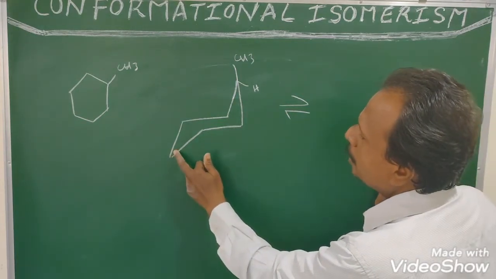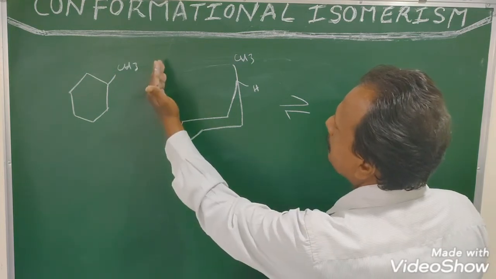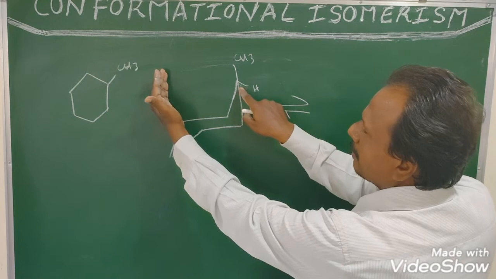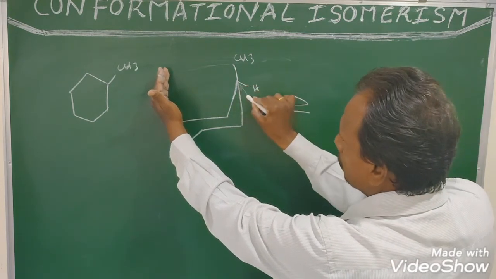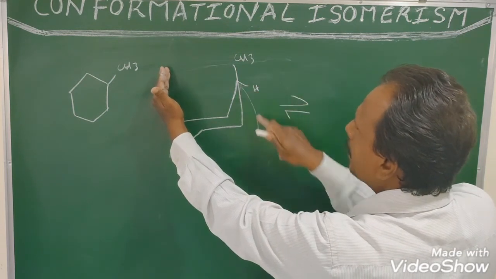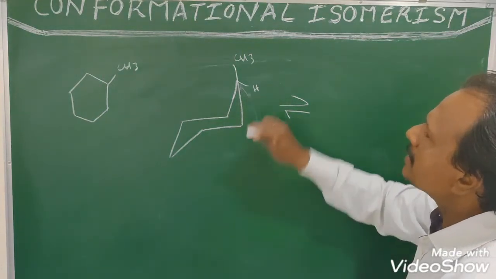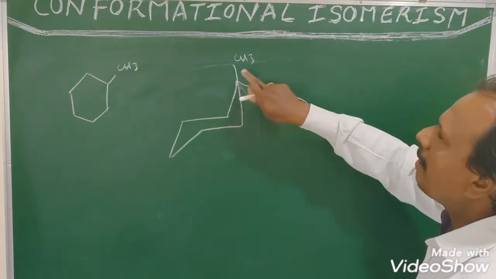The footrest moves upward and becomes a boat. Then the headrest moves in this direction. The headrest is converted to the footrest. In this process, what happens? Here the methyl is in the axial position. Their positions change.